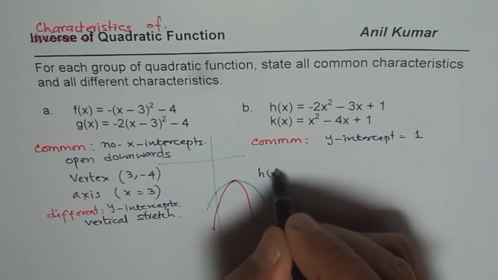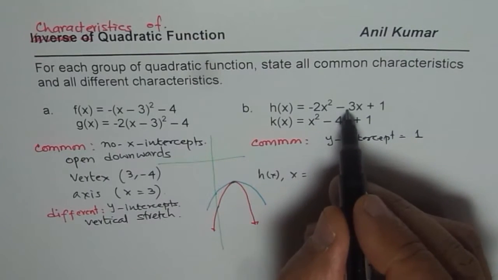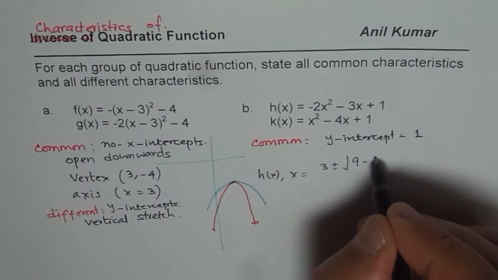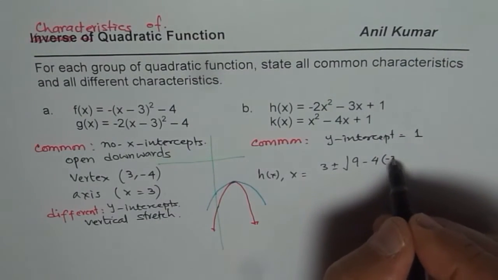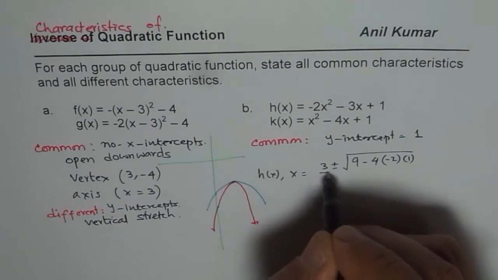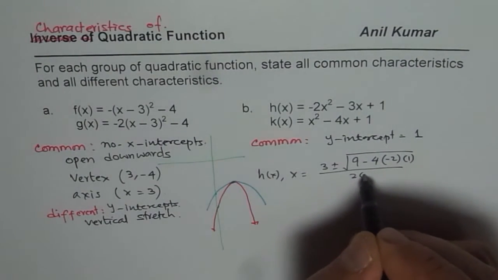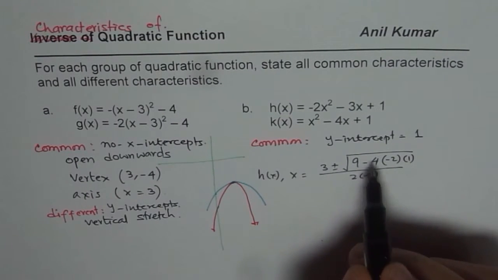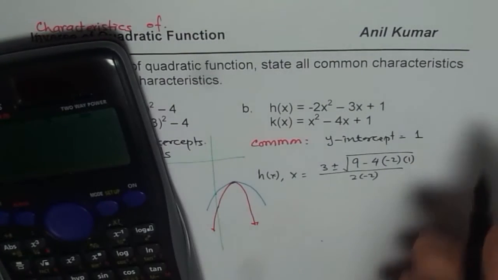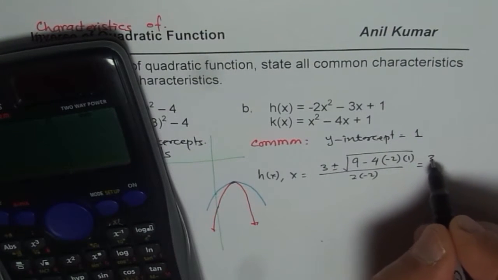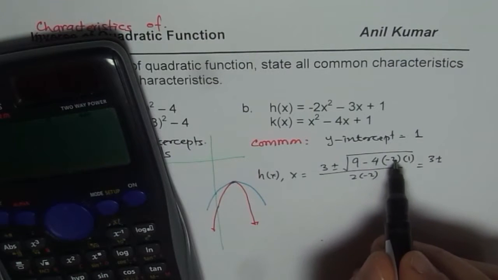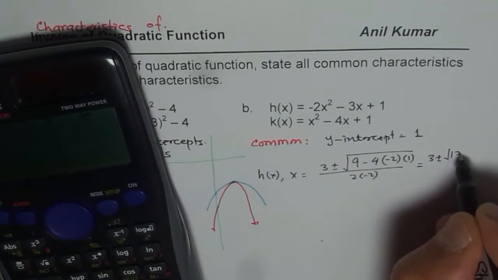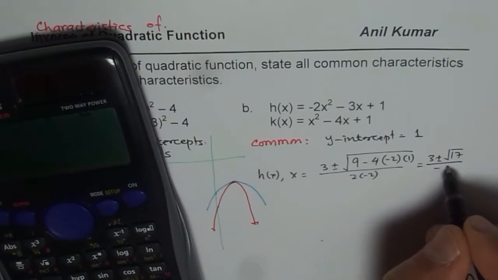So for h of x, x value will be minus b, which is 3, plus or minus the square root of 3 squared, which is 9, minus 4 times ac, which is minus 2 times 1, divided by 2a, which is 2 times minus 2. Now you can use the calculator also, but we can write the approximate value. So we have 3 plus or minus, and here 4 times 2 is 8 with a positive sign, so the square root of 17, divided by minus 4.